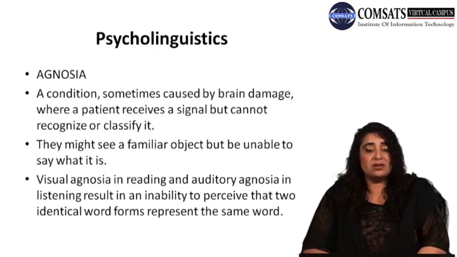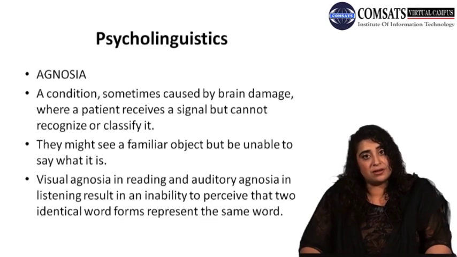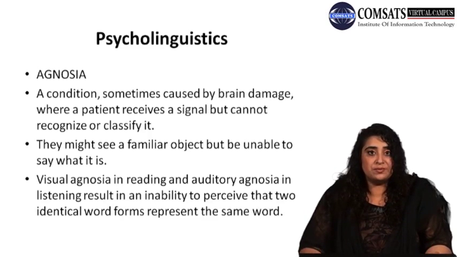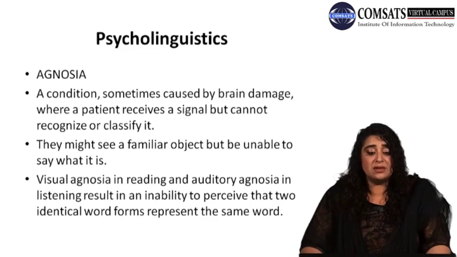Sometimes it causes speech impediment, in which a part of the brain gets damaged, and that part is related to our speech abilities or our linguistic abilities. They might see something familiar, but still they can't explain or describe it. So visual agnosia in reading and auditory agnosia in listening result in an inability to perceive that two identical word forms represent the same word.